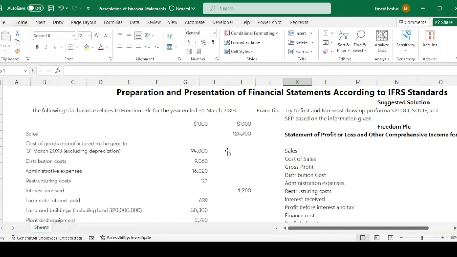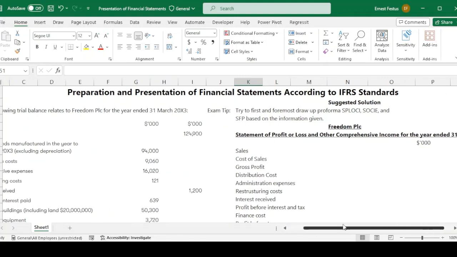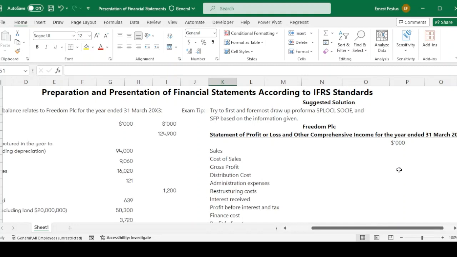So each of the line items here falls under a particular IFRS standard. For instance, when it comes to sales or revenue, we refer to IFRS 15, revenue from contracts with customers. That is the standard that guides the valuation of revenue, the amount of revenue to include in our financial statements.